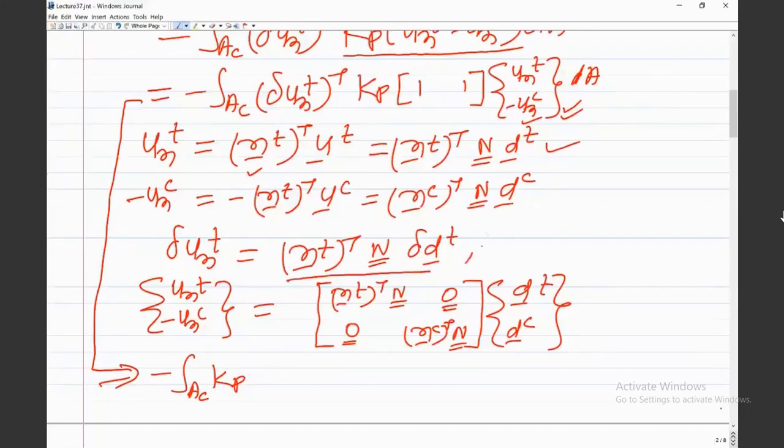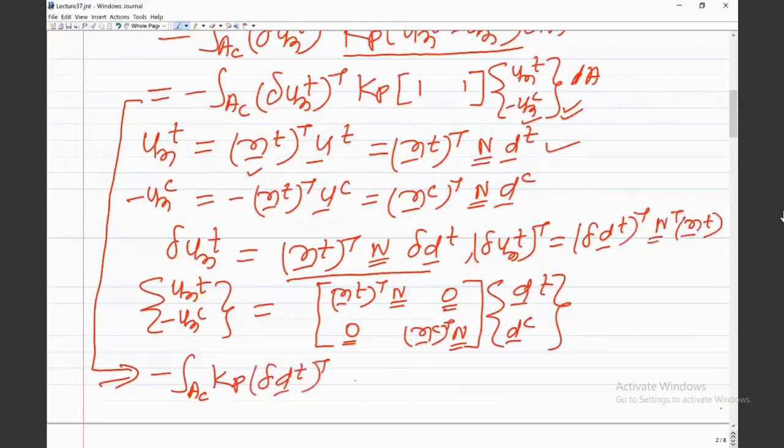So from this you write delta UNT transpose, that would be delta dt transpose into N transpose into NT, because NT transpose transpose will become simply NT.